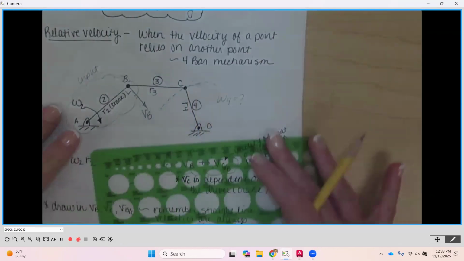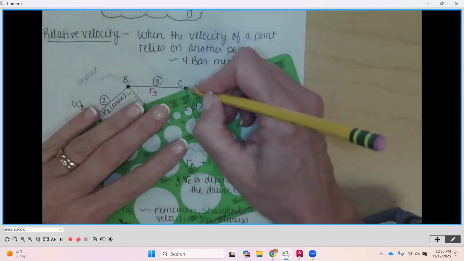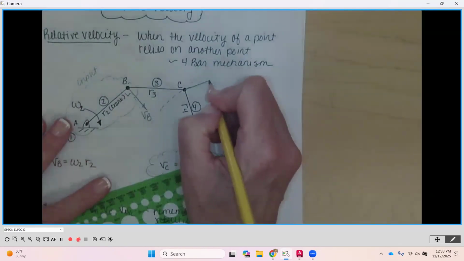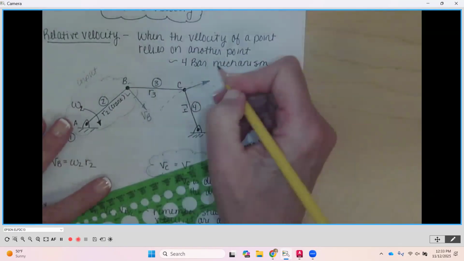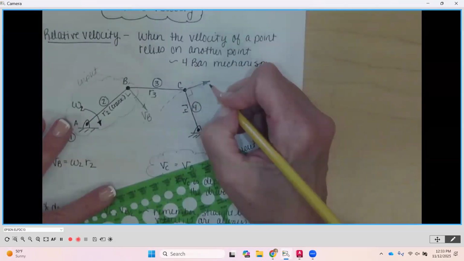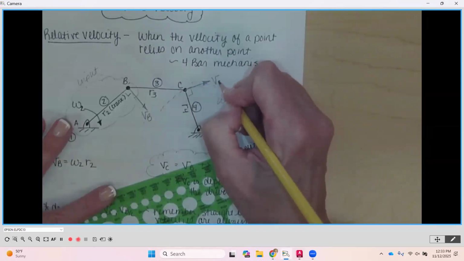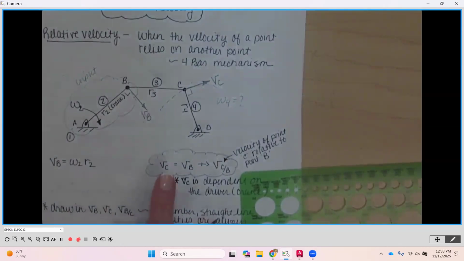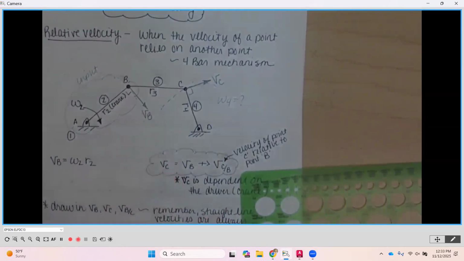Would you agree? So we're going to show the velocity of point C to be up and to the right, perpendicular to its radius, the distance back to its center of rotation. And this is going to be velocity C. That's going to be one that we want to find. That's going to be considered an unknown.